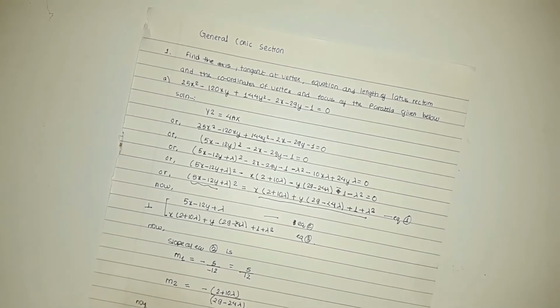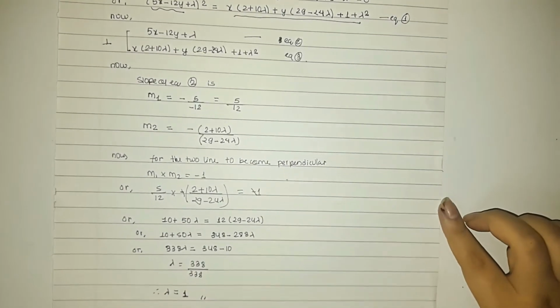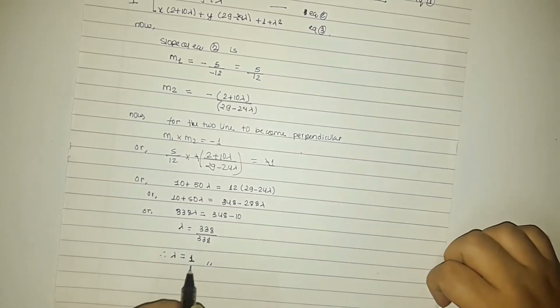For the two lines, we get the value of lambda as 1.